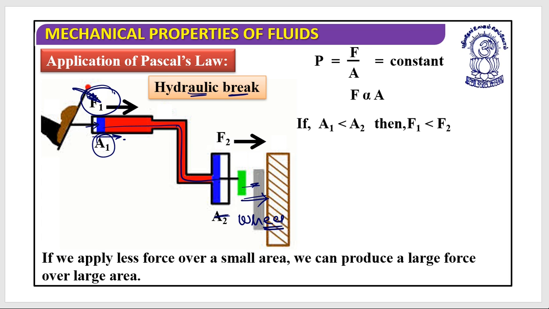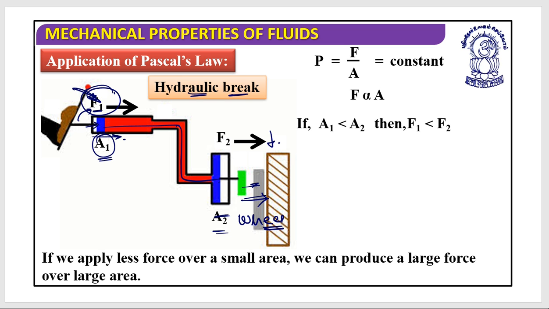So again the same thing here: two different cross-sectional areas are used, which means you can apply the brake with a very little, gentle push and it can apply a very good amount of force.